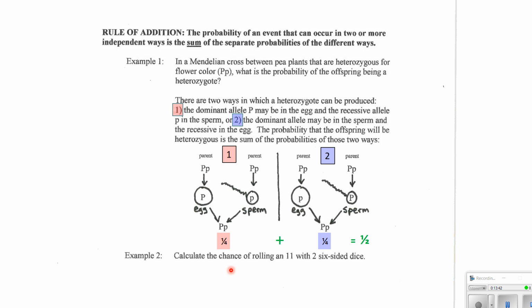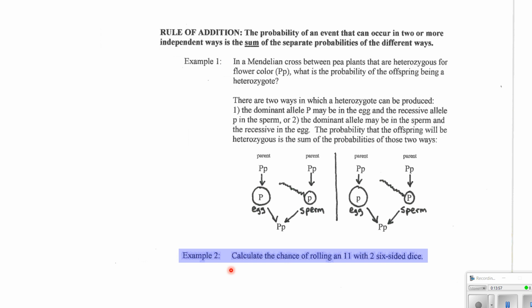You might think, well, it's the same, isn't it? It'd still be the same as the probability of rolling a 12, but it's not. You have a better chance of rolling an 11, a greater probability of rolling an 11 than you do of rolling a 12. And we're going to find out why that is in just a moment.